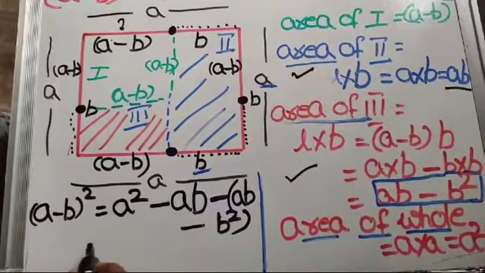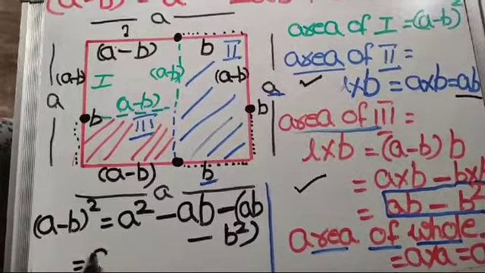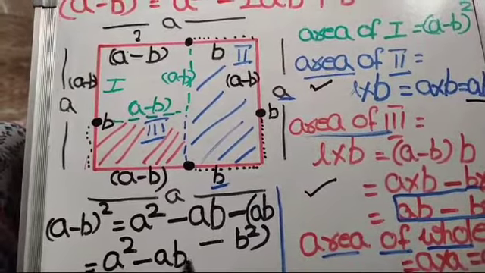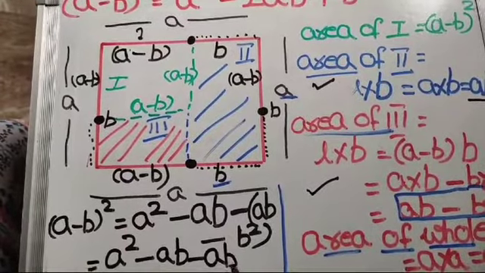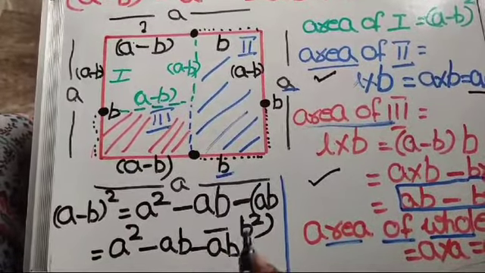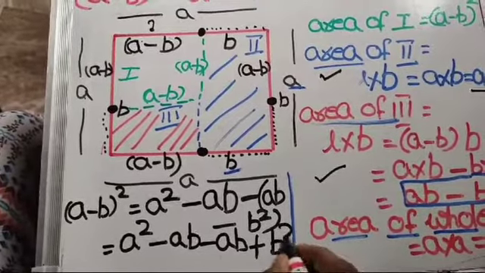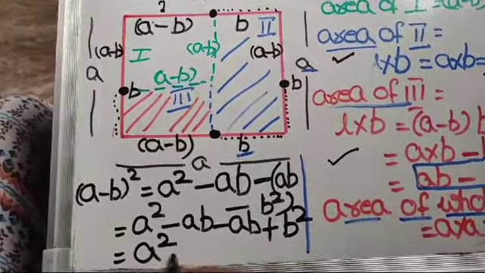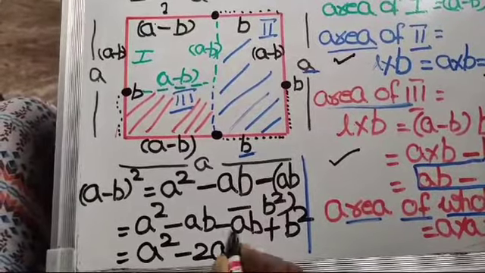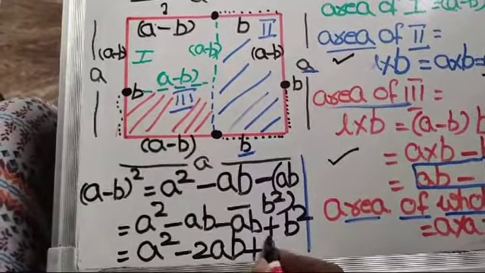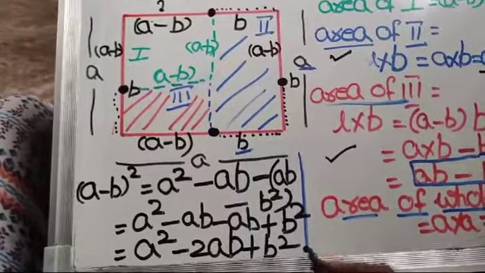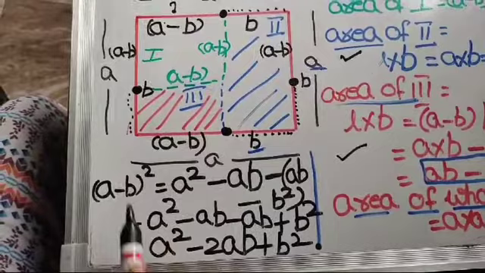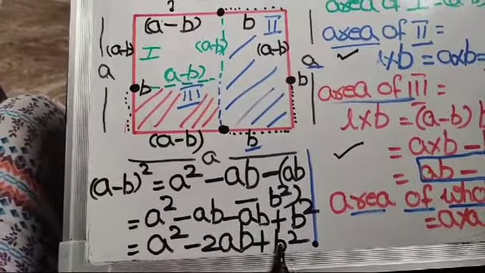Now A minus B whole square equals A square minus AB minus AB, minus into minus becomes plus, plus B square. So A square minus AB minus AB gives minus 2AB plus B square. So which is our identity, what we actually want. So A minus B whole square equals A square minus 2AB plus B square.